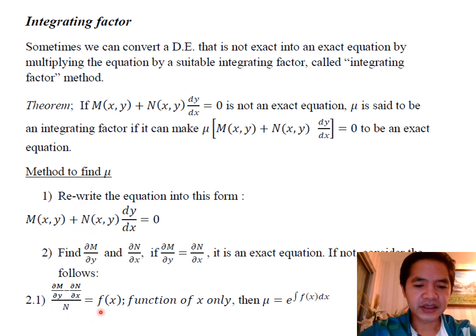If the result is a function of x only, for example a constant like 1, 2, 3, or something like 2x or 4x squared, these are examples of a function of x. Then the integrating factor is mu equal to e to the integral of f(x) dx.